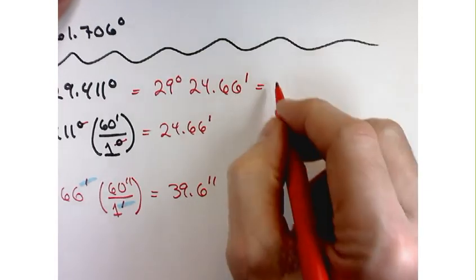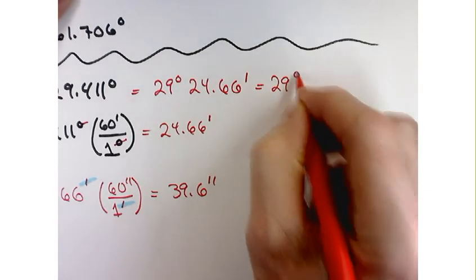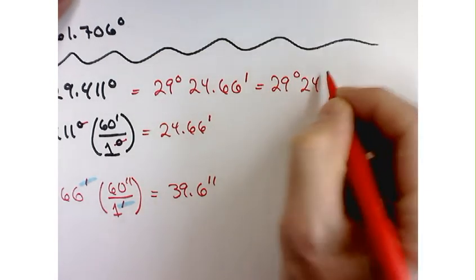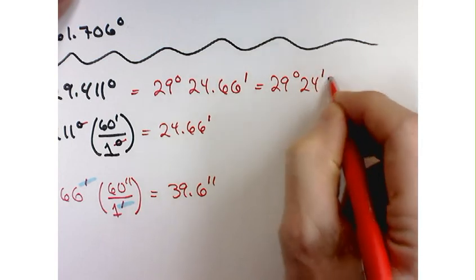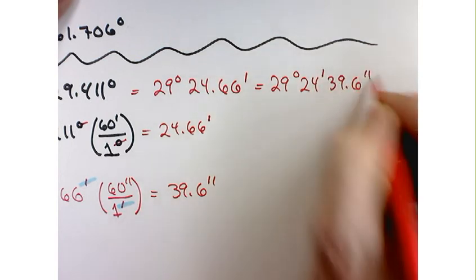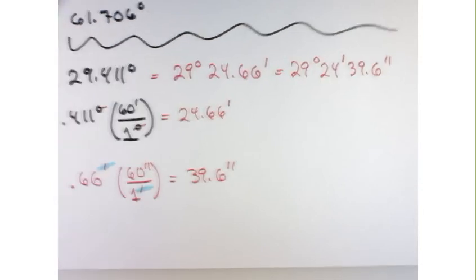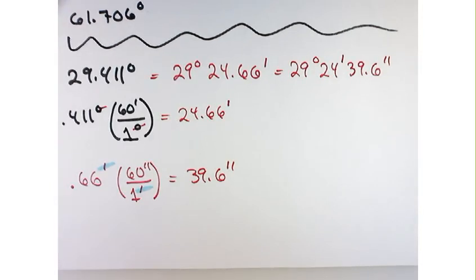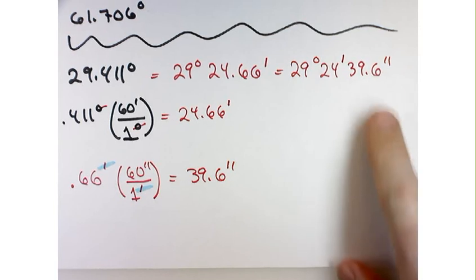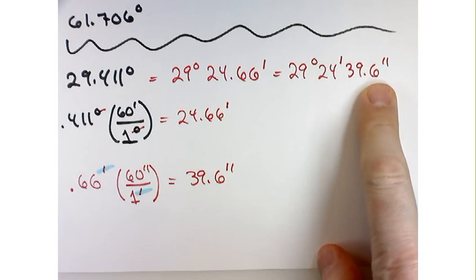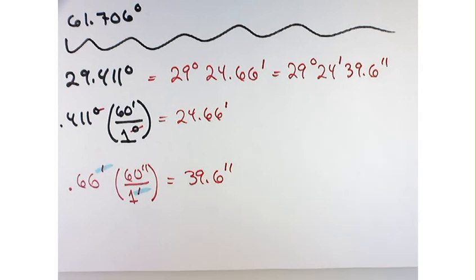So when it's all said and done, this is going to be 29 degrees, 24 minutes, and 39.6 seconds. Yay. Nice. This is a very, very small portion of an angle when you're getting down into tenths of a second. It's a really slender degree.